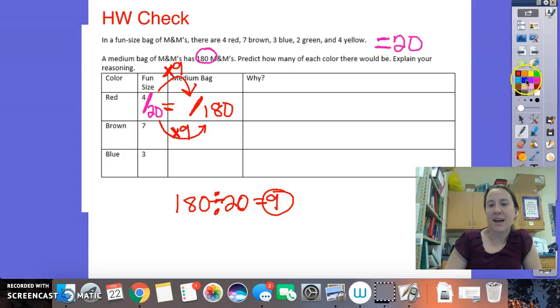And 4 times 9 is 36, which means I could predict, or I could expect, that there would be 36 red M&Ms in the larger bag. That same times 9 relationship would be true for brown and blue and even green and yellow that aren't in the chart. But if I did that same math, I would say 7 times 9 is 63. And 3 times 9 is 27. So that's how many brown and blue M&Ms I could expect in the medium-sized bag.